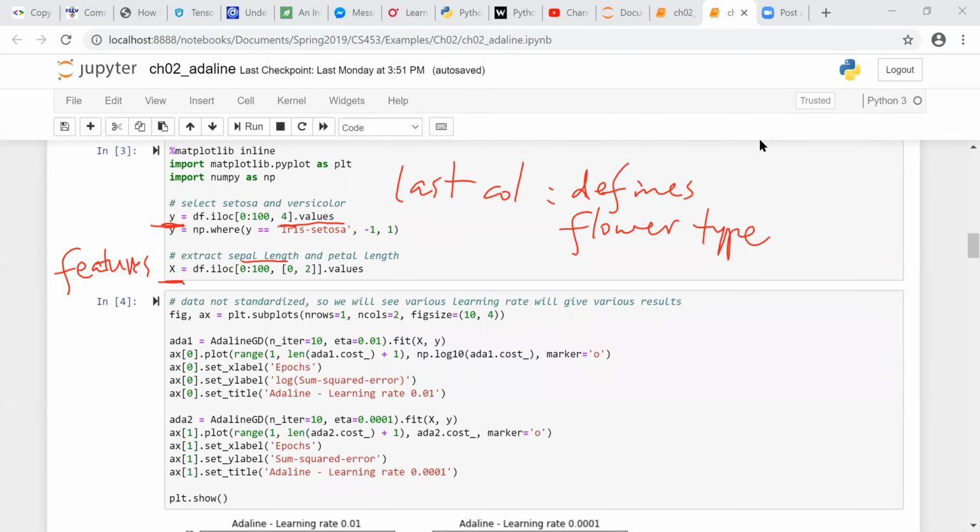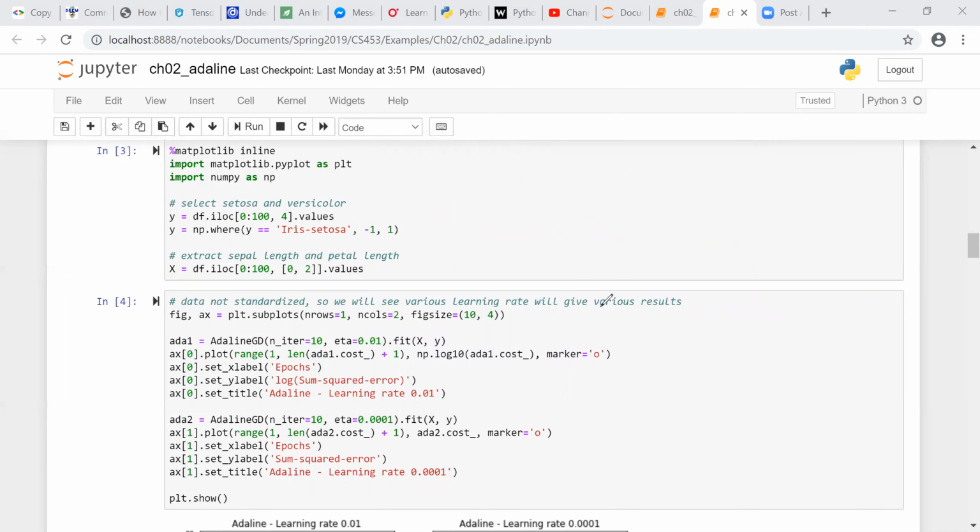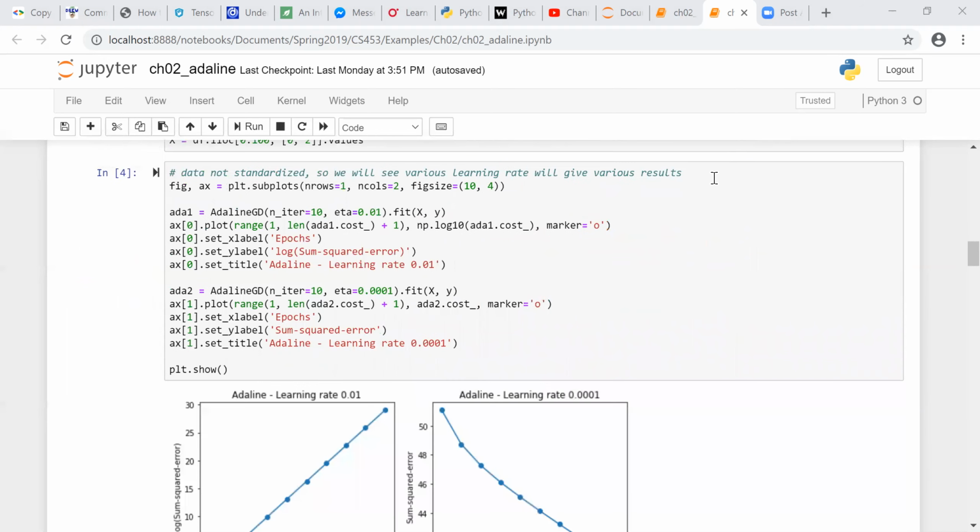We get sepal length and petal length. So you specify the 2, is it? And here, when we do training, we use the first 100 samples, is it? So that's how we have this slicing, is it? Okay, and then next, let's see the remaining part.